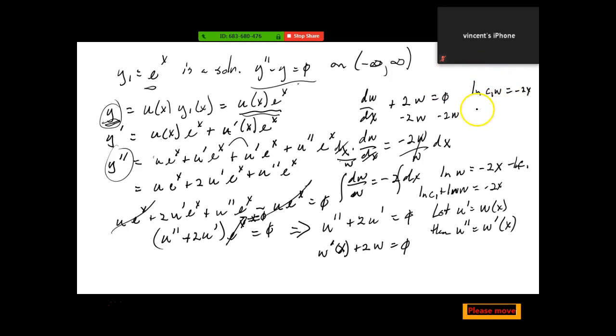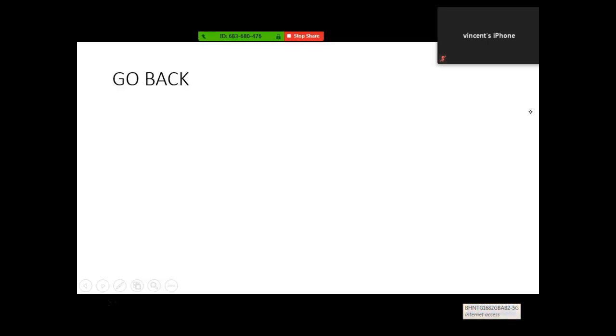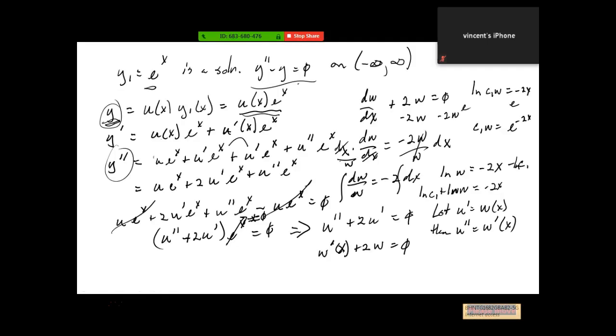And now e both sides, and you get c1 w is equal to e to the minus 2x. Well, let's divide both sides by c1 and make that c2: w is equal to c2 e to the minus 2x.